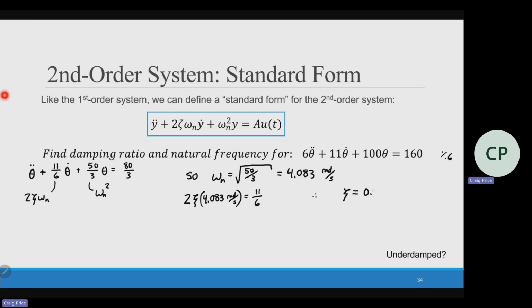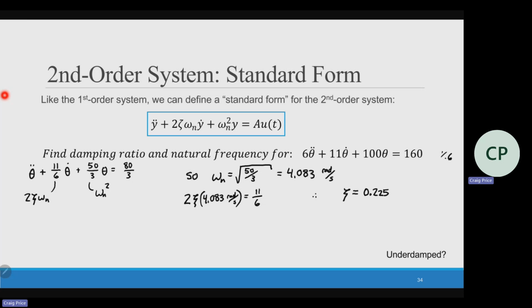And I got 0.225. The damping ratio is unitless. It's going to be a number, it's a ratio. So you don't need any units for this guy.